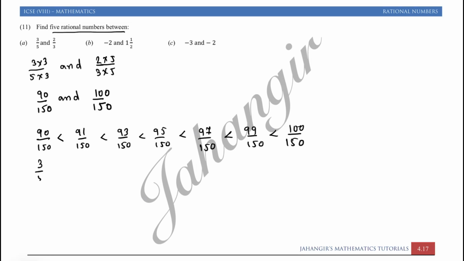This is 3 by 5 less than 91, which we cannot cancel, so it's 91 upon 150. 93 I can cancel with 3, 3 3s are 3 1s are upon 50.